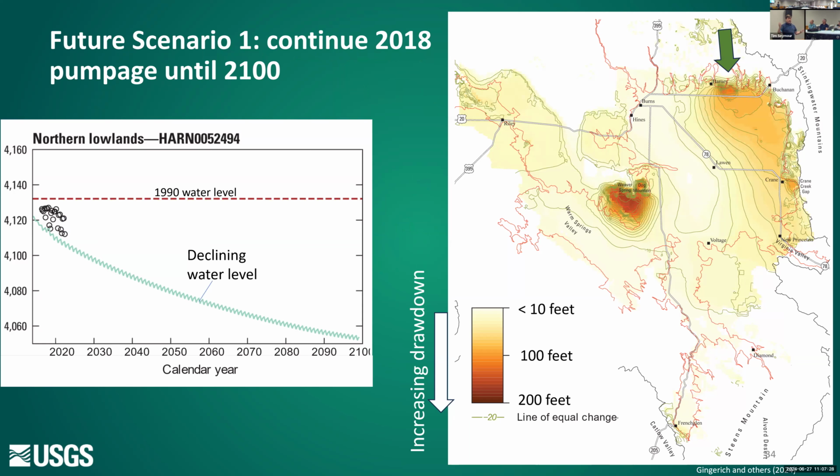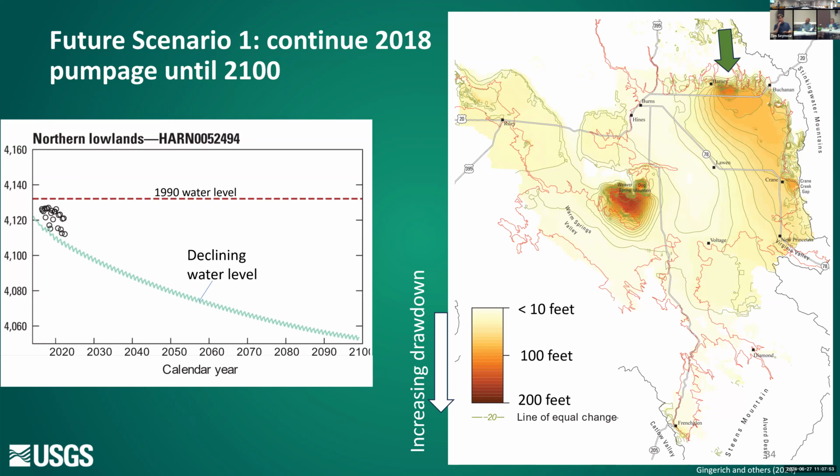And the water department's like, well, we're never gonna get access there. That's useless to us. So we try to avoid doing too many scenarios that someone's gonna say, we can't do that, or that's ridiculous. So maybe this was ridiculous, but I did a scenario that just continued 2018 pumpage through the end of the century, 2100. And then looked at what happened.